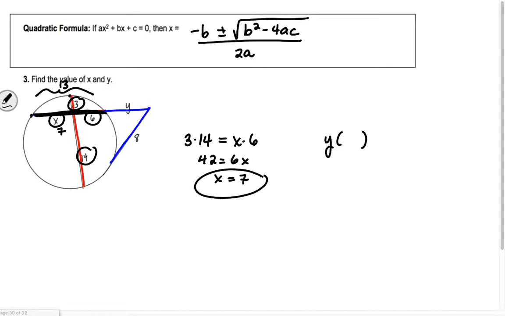Well, it's 13 plus y, right? So let's write y times 13 plus y equals outside times whole. So on the other one, 8 times 8 itself. So we get 13y plus y squared equals 64.